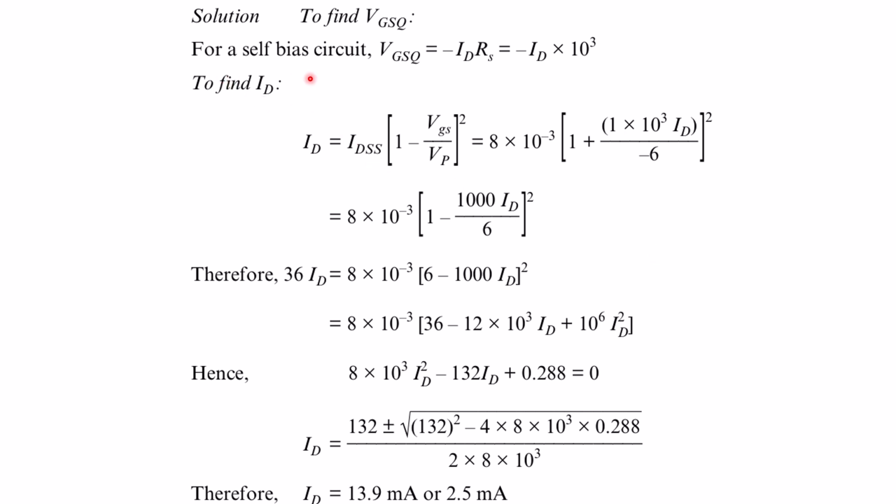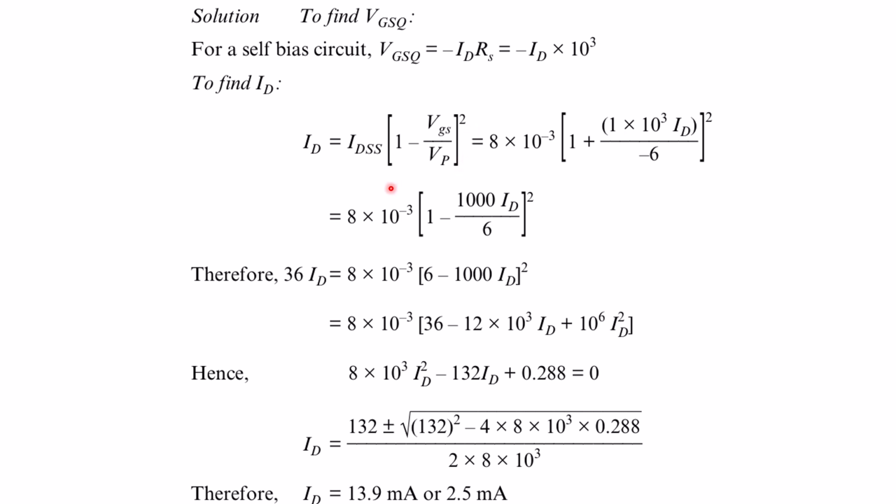For the self-bias circuit, we are going to find VGSQ, which is equal to minus ID into RS. So I am substituting the RS value as 10 power 3, and to find ID as IDSS within bracket 1 minus VGS by VP, the pinch-off voltage, the whole square.